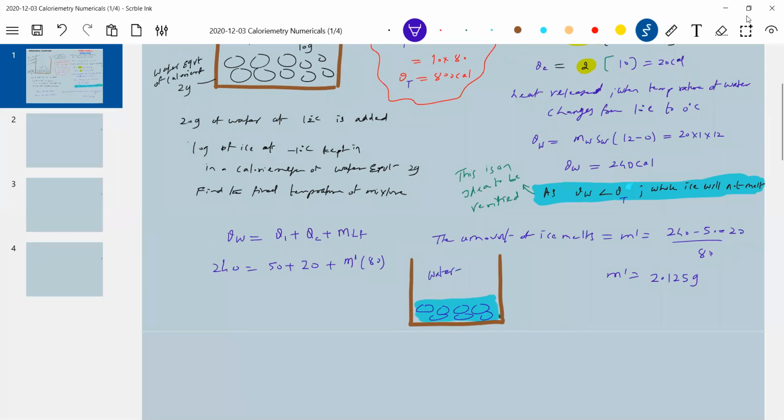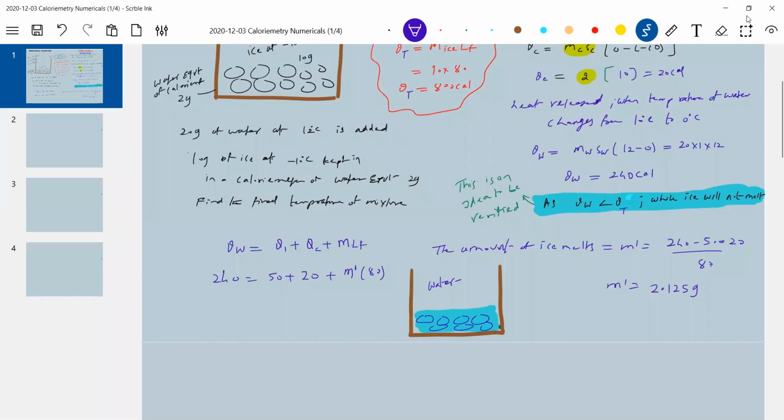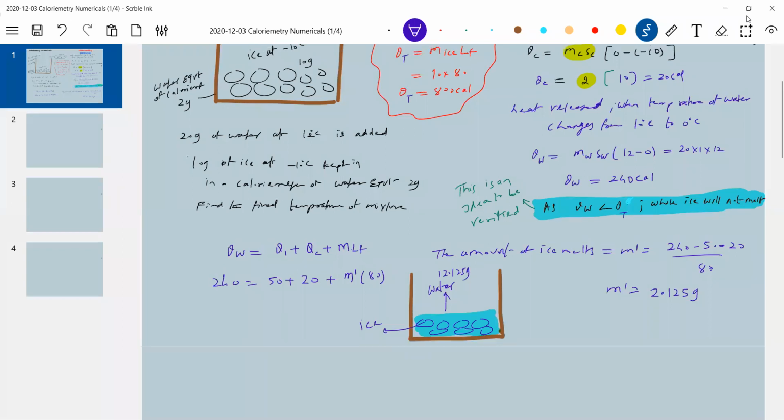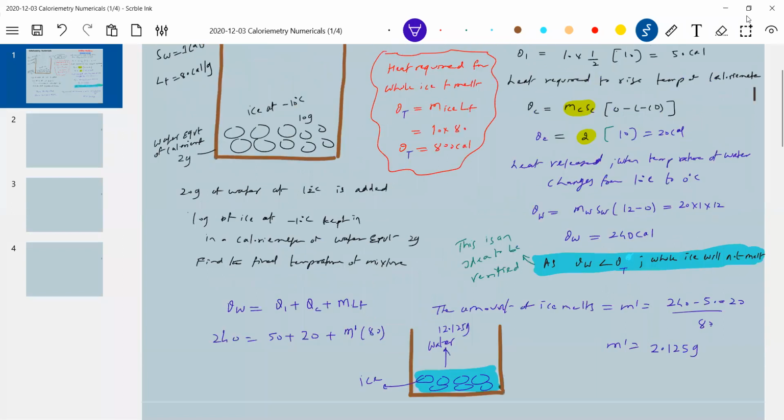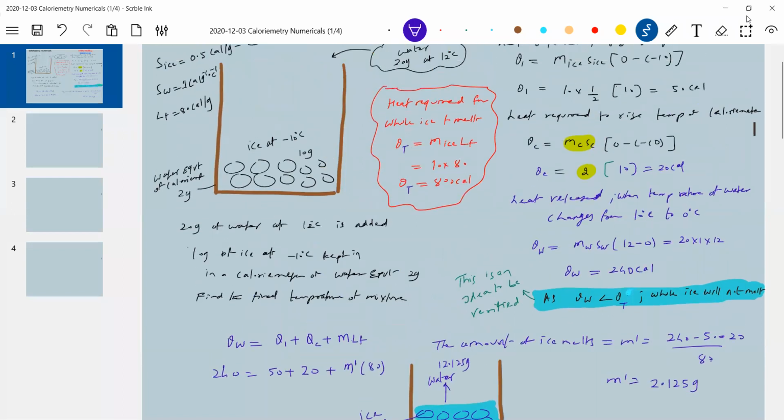For 10 gram, I should have 2.125. So 12 point, there's the water and there's the ice. How much water, and how much ice will be there? 20 gram, no? 20 means this will become 22.